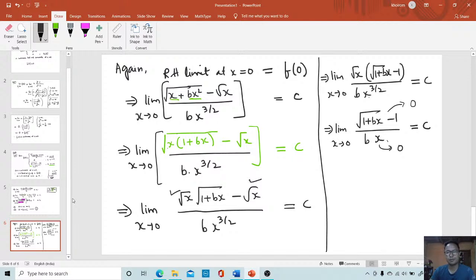Also remember the value of the equation. So 0 by 0 is an indeterminate form, and we will have a problem.